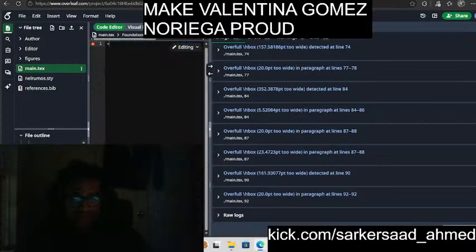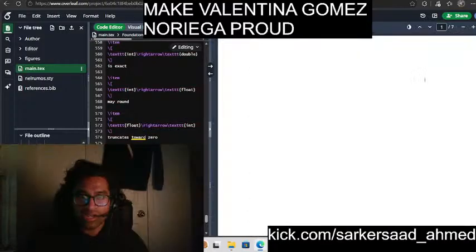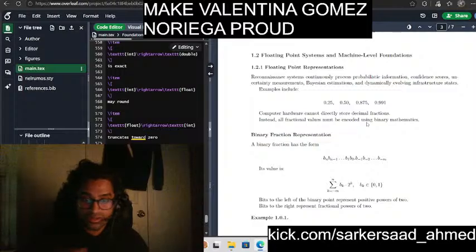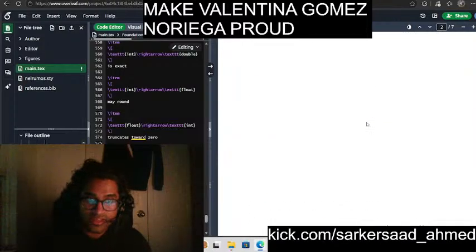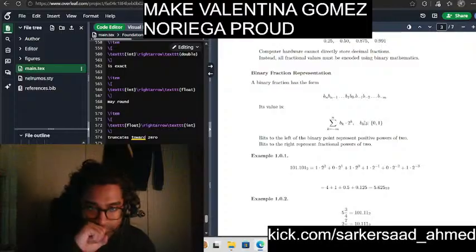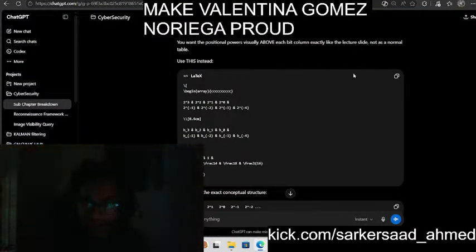I don't think it's going to work because of the way it works in the LaTeX online compiler. Okay, it actually worked. That is very surprising. So, a binary fraction has the form, so I would have to change that instead.